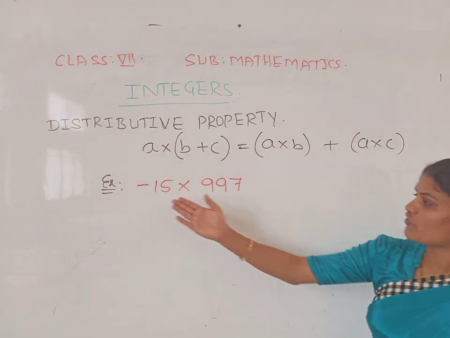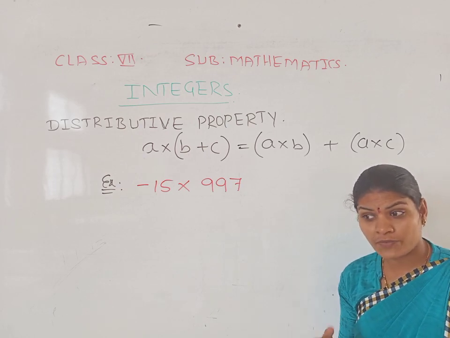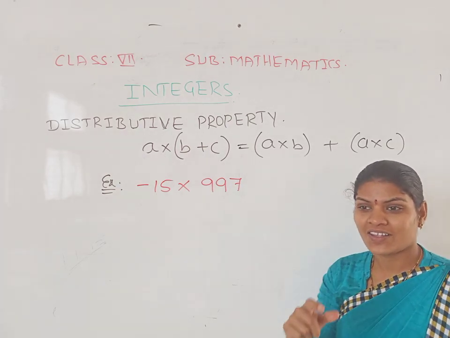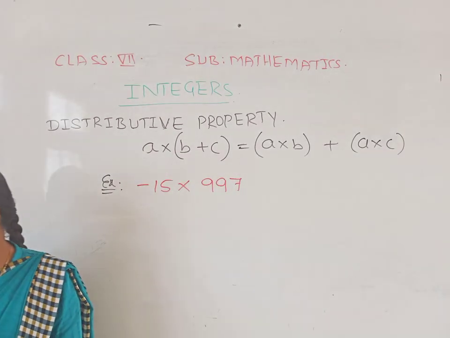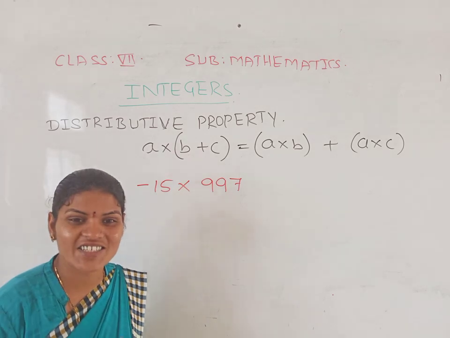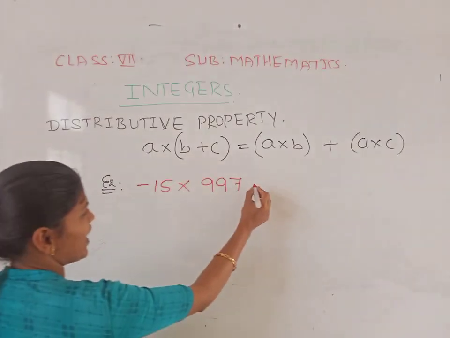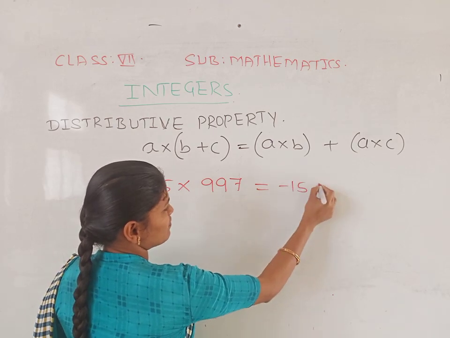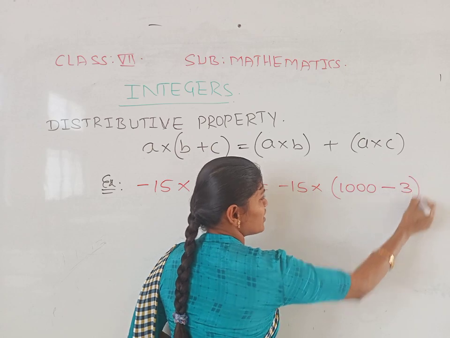So 15 into 97, it is a lengthy process. 900 plus 90 plus 7. No. Very good, 1000 minus 3. 1000 minus 3 is how much? 997. Okay. You can split it as minus 15 into (1000 minus 3).